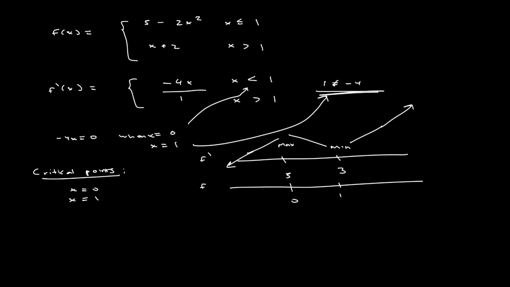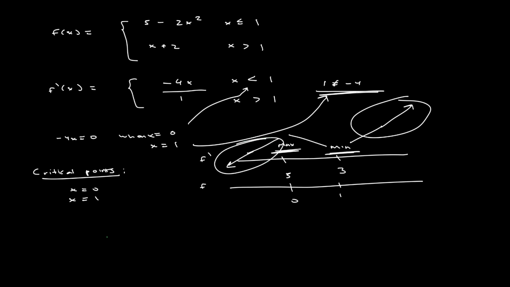Similarly, it will keep growing towards negative infinity unboundedly after x equals 0. So that must mean that this max over here is not a global max, and similarly this min over here is not a global min, because of this unbounded growth on both sides.